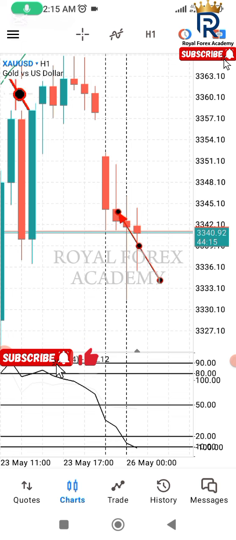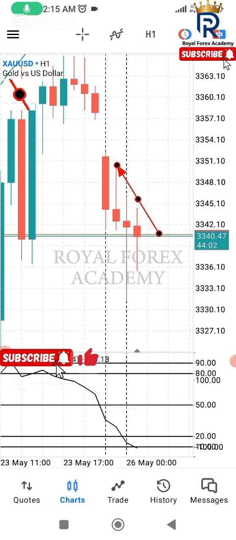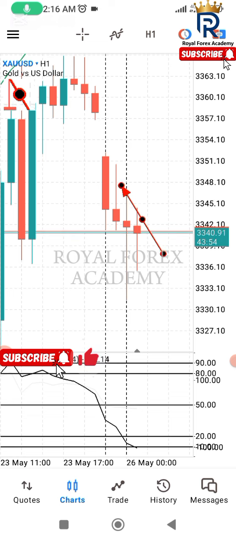For instance, looking at this particular candle, you can see that it opens somewhere here, and immediately buyers push the price to the upside. So there was a time when this candle was a bullish candle, and after that, sellers pushed it all the way down, and then it closes this way.